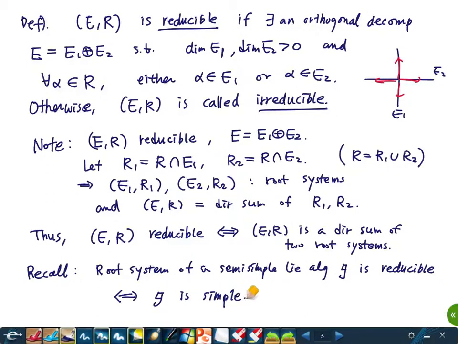This is a fact that's very useful for the study of semi-simple Lie algebras. That means if you know the root system, you can tell whether the semi-simple Lie algebra is simple or not. It's a very powerful theorem.